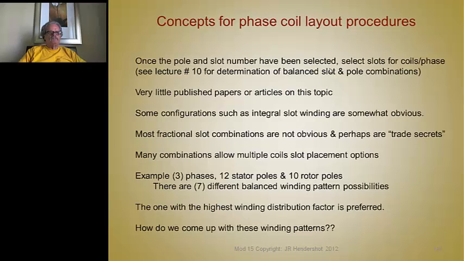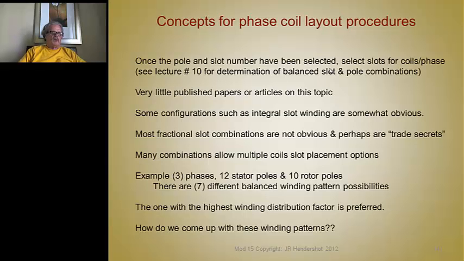Once the pole and the slot number have been selected, you select the slots for coils per phase. See Lecture 10 for that, for determination of the combination of balanced slot and pole combinations. There are very few published papers or articles on this topic. I think I've published as many as anyone. Some configurations, such as integral slot windings, are somewhat obvious, or you can copy them from other motors.